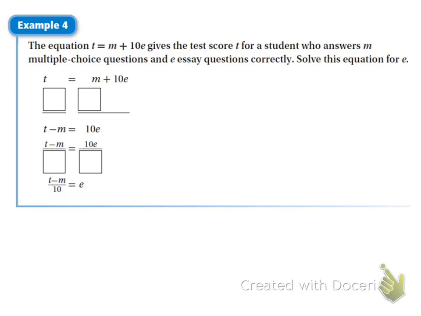So we are isolating the variable e, so we want this on the side, so we're going to get rid of the m, subtract, subtract, so now we have t minus m equals 10e. Now we're going to divide by 10, and my answer is t minus m divided by 10 equals e.